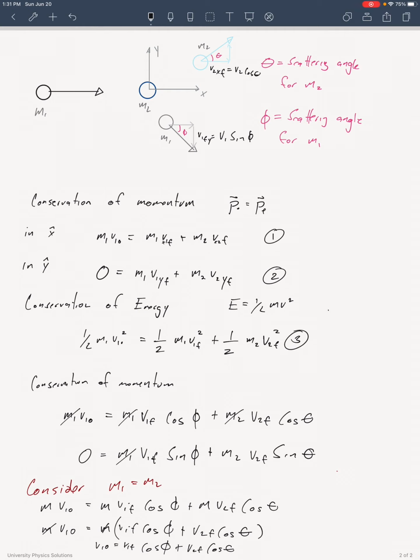You see the same thing would happen on the other equation. And even the same thing would happen in the conservation of energy, because then that term would be equal to this term and equal to this term, so they would just cancel out. So I can go ahead and write all that directly, and I just cancel all the m's.